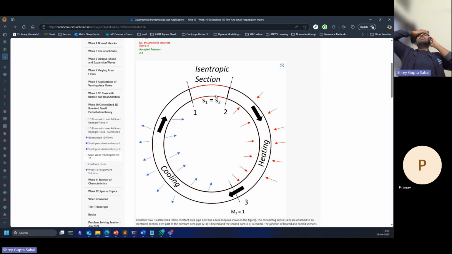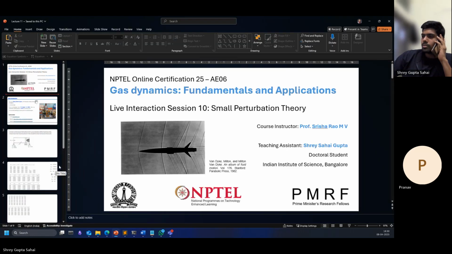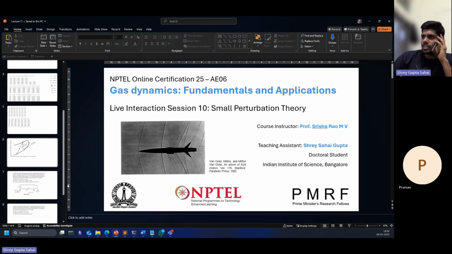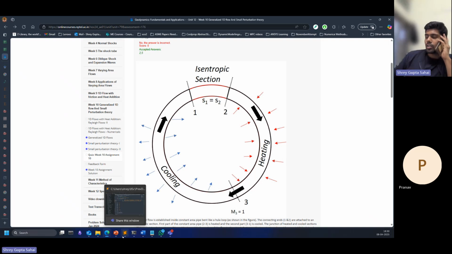See, the problem, okay, suppose there is a normal shock at the exit of 1, just at 1, right? So even if that happens, across a normal shock, entropy won't remain the same.